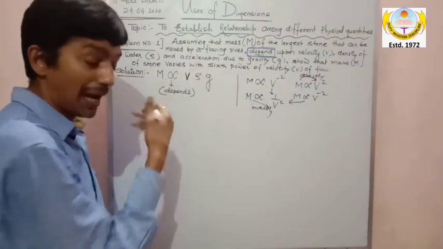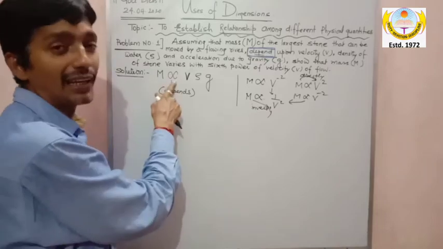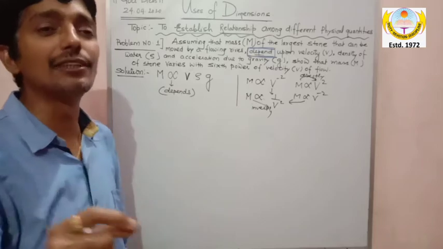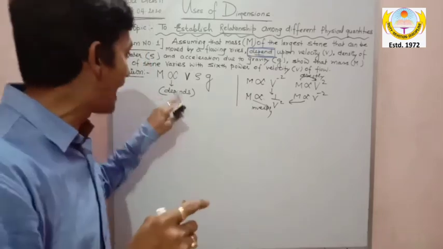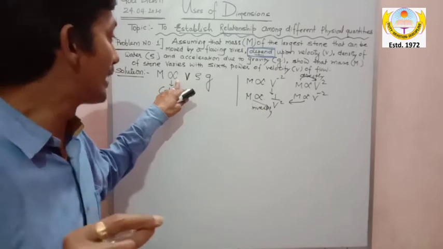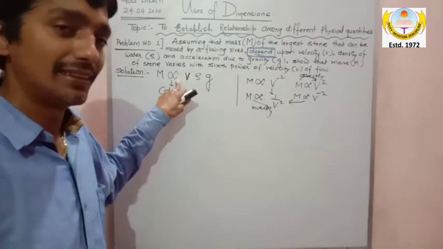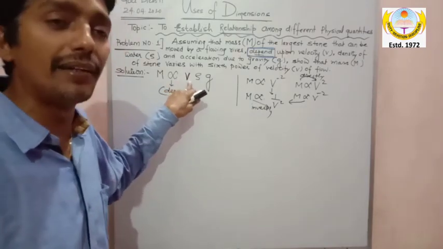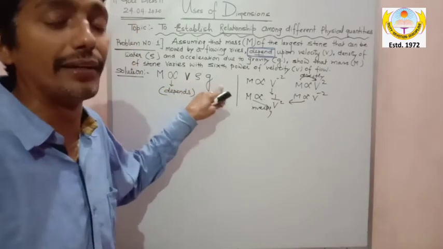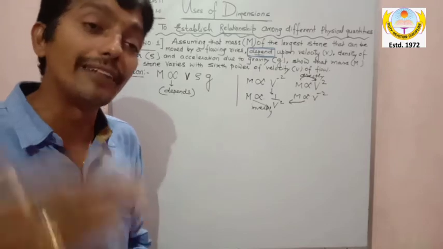So my point is that don't say it is directly proportional. This sign means it is varying. This sign means not directly. This sign means whether it varies directly with these quantities or inversely with these quantities, that we will come to know at the end.